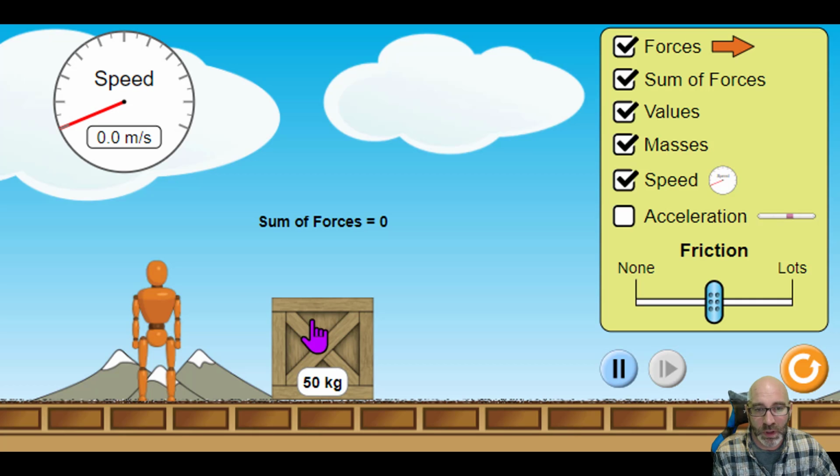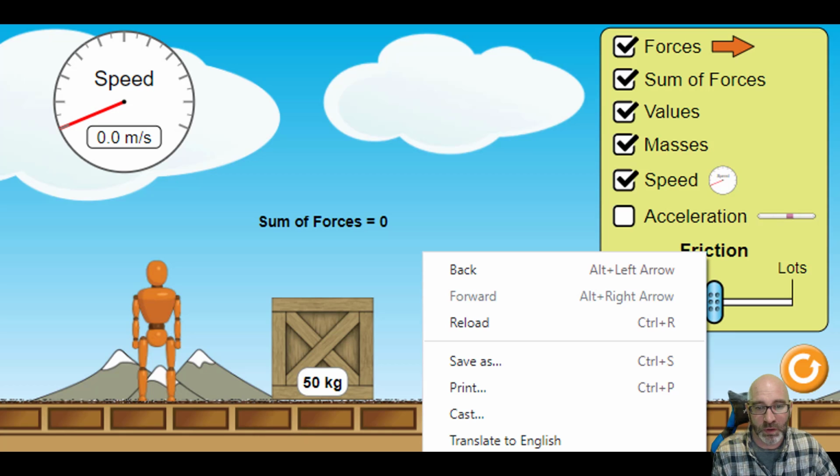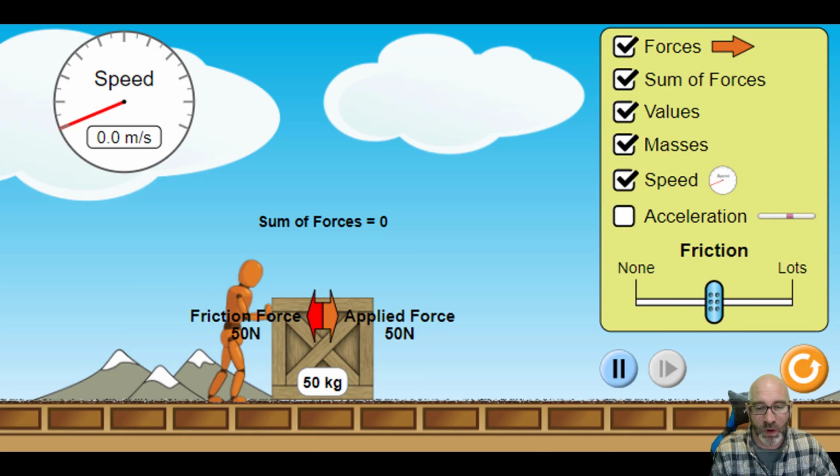And so currently, the velocity of the crate is 0. But it remains 0, and so therefore the crate is not accelerating. The net force is 0, and so therefore the acceleration is 0. But I can get this figure to apply a force onto the crate.